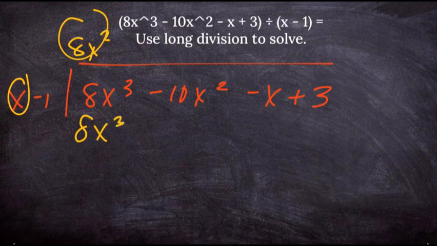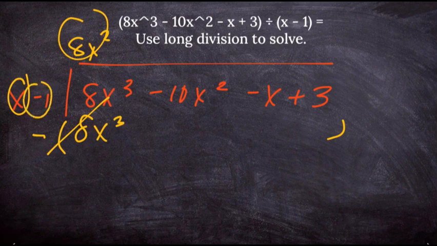And there is one rule in polynomial long division that whatever we subtract by, there will always be a minus sign on the outside of the parentheses. So 8x to the third minus 8x to the third obviously cancels out. But we also have to multiply this 8x squared times negative 1 here to the rest of our equation. So that means that we will have negative 1 times 8x squared, which gives us negative 8x squared.